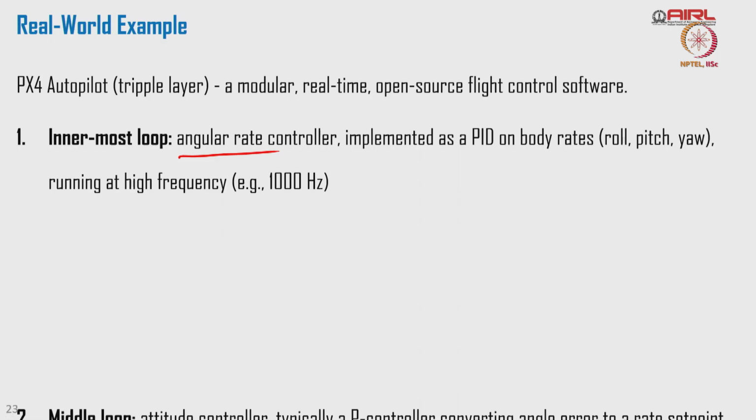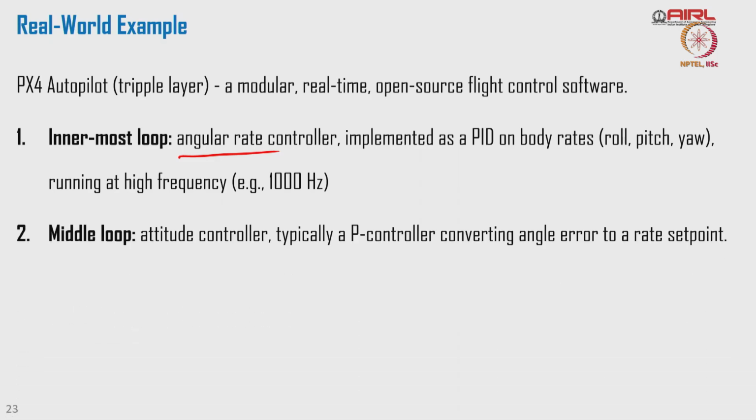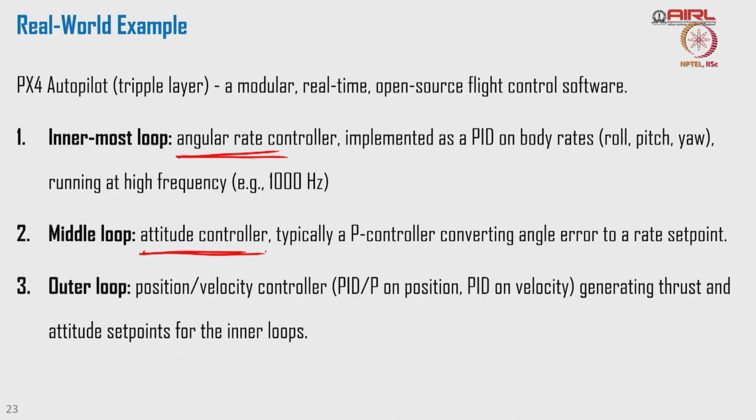Then there is another loop, called the middle loop, which works on attitude control. So, the first one is rate control, the second one is attitude control, and finally the third one is the position and velocity controller. We know that the outer loop works in a slow way compared to the others. So, the outer loop takes care of the position and velocity controller.